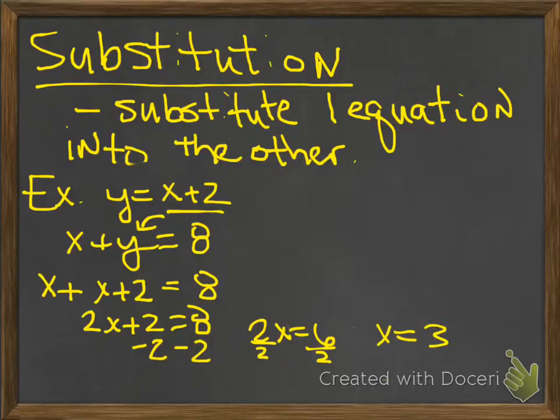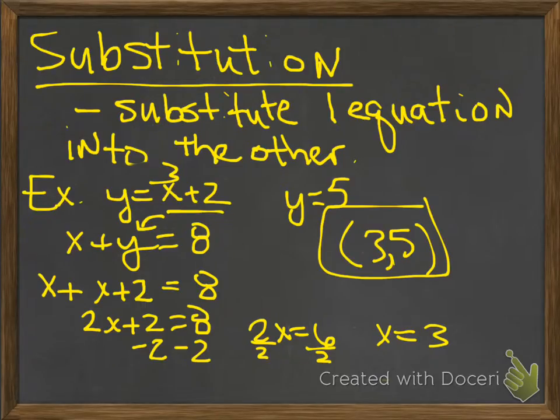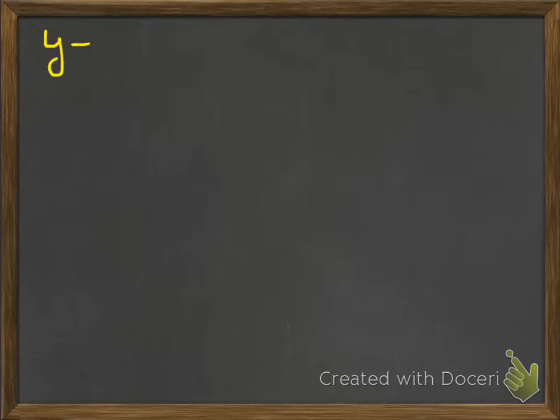You've got half of it. But the other half, to get the y, is not that hard. Again, substitute in. Put the 3 in place of the x. What's 3 plus 2? 5.